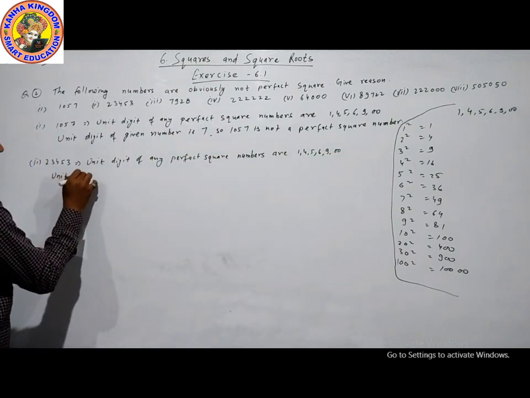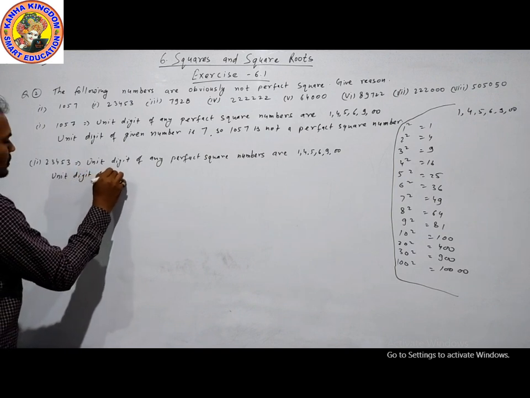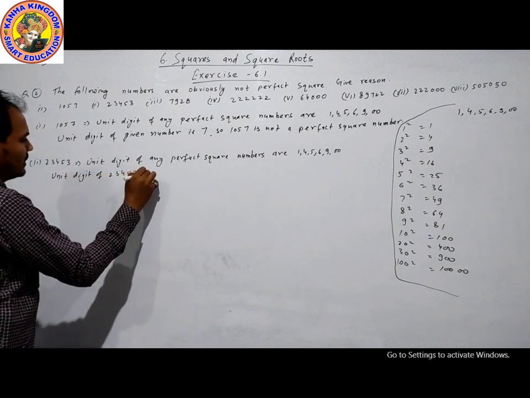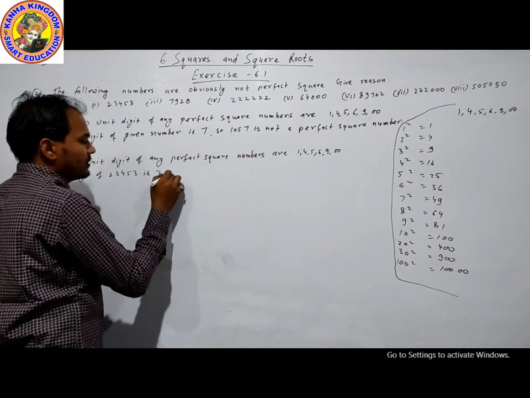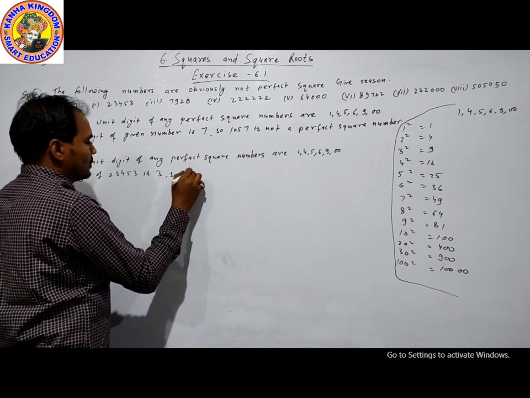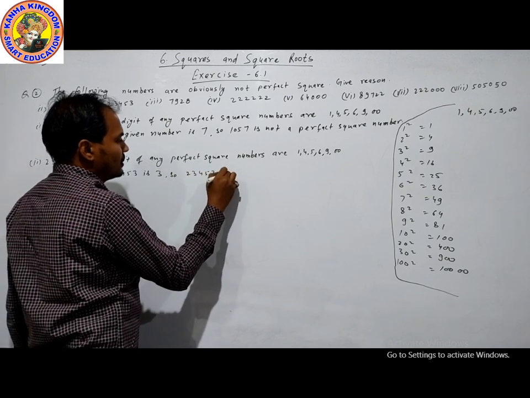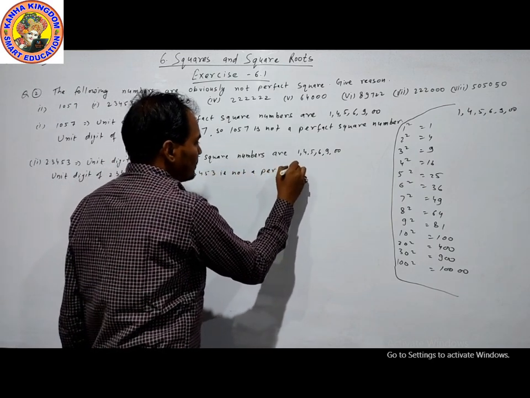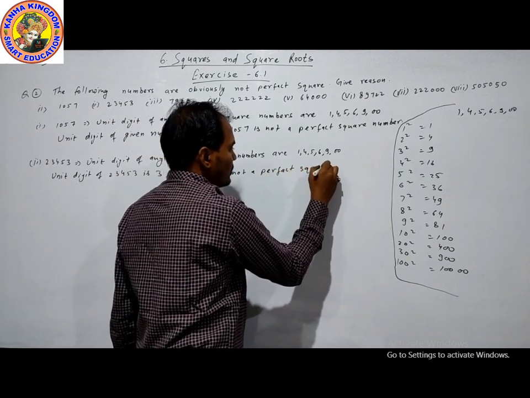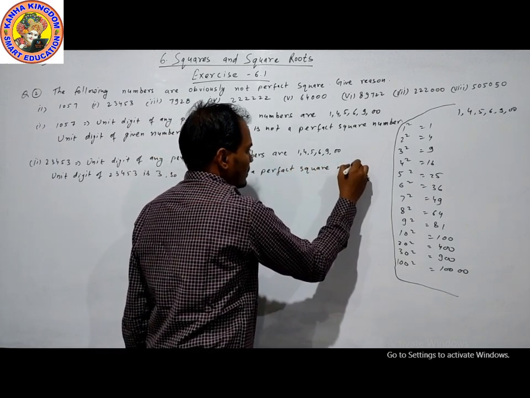Unit digit of 23453 is 3, which is not included. So 23453 is not a perfect square number.